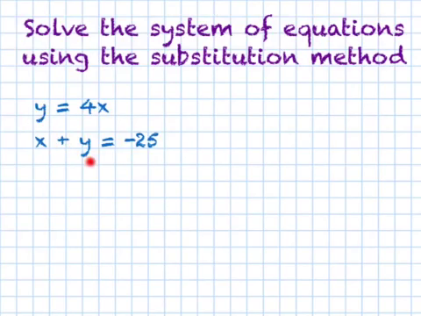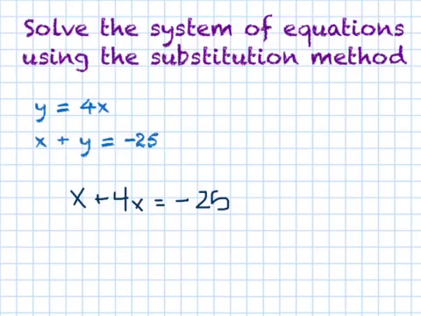So instead of saying y, I can plug 4x into this equation and replace that y value. So my new equation would become x plus, remember, we want to substitute in this 4x for y. So we'll say x plus 4x equals negative 25.